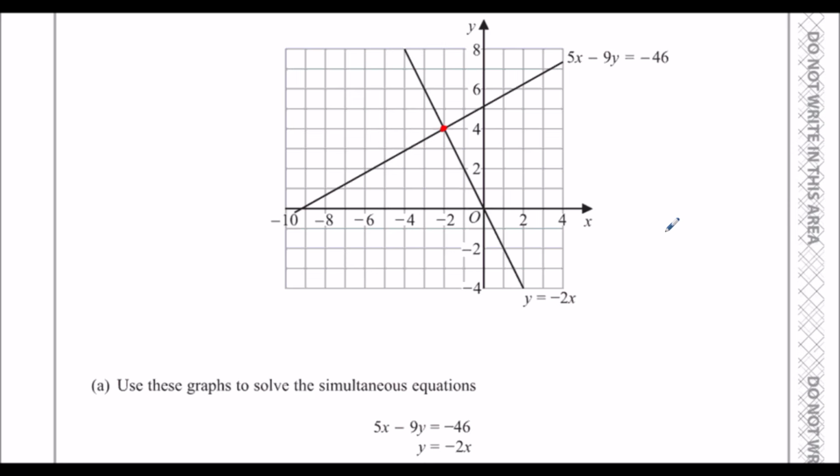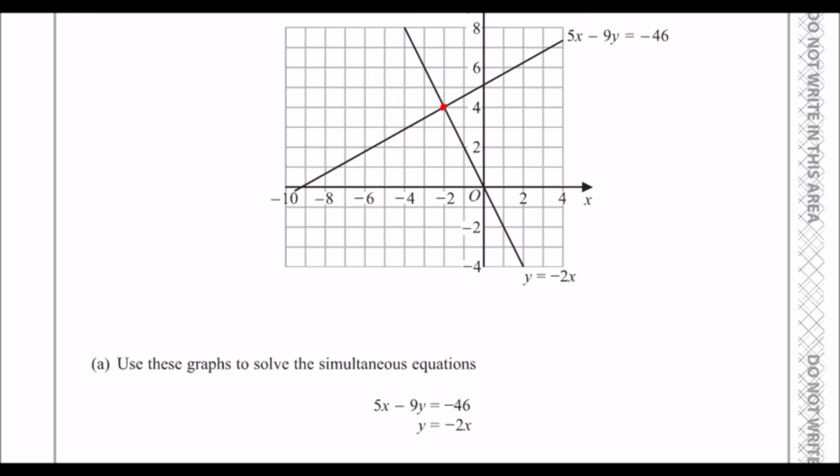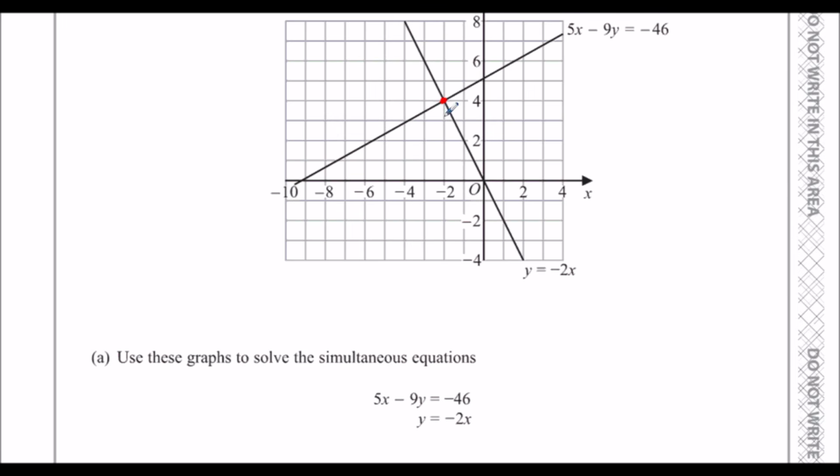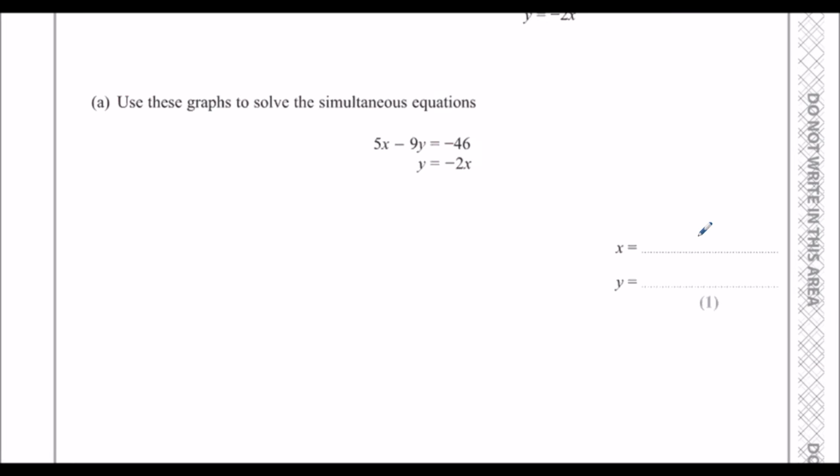So we're looking for the intersection of these 2 graphs. So we're just reading off what's x, what's y. So x is -2, y is 4. So the solutions to simultaneous equations on a graph is the point where the 2 graphs intersect, where they cross.